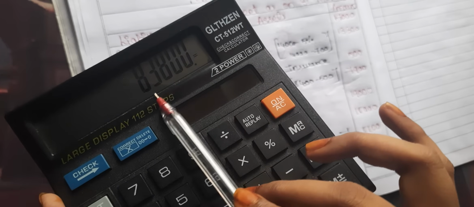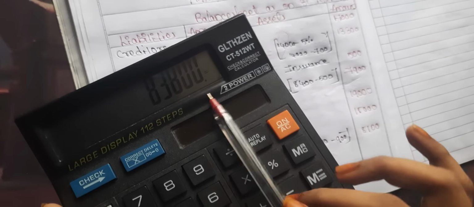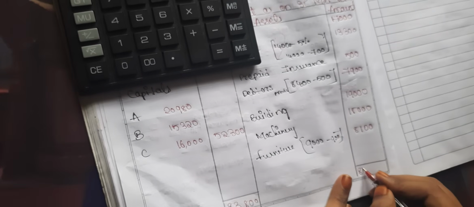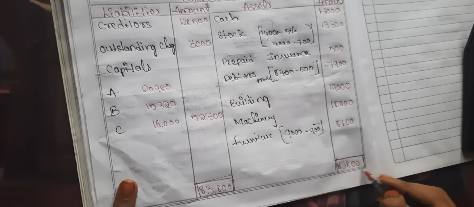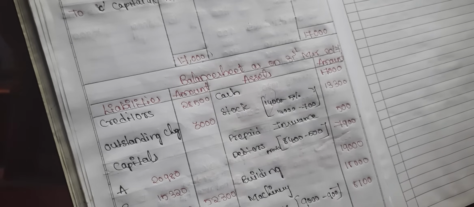Yes, done. So we got 83,800. Did we get the same on both sides? Yes, both the sides got tallied. So our answer is perfectly correct.